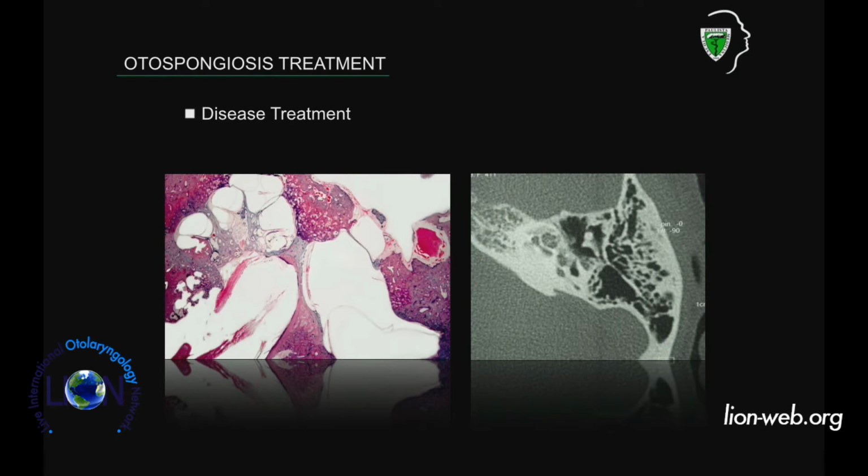To treat the disease itself, there is only one option, the clinical treatment, because surgery will not stop the progression of the disease in patients with a progressive kind of disease. So this is why we started to use alendronate regularly. Alendronate, as you know, is a bisphosphonate, and we can use it orally, and I will show you how we do this in a few moments.